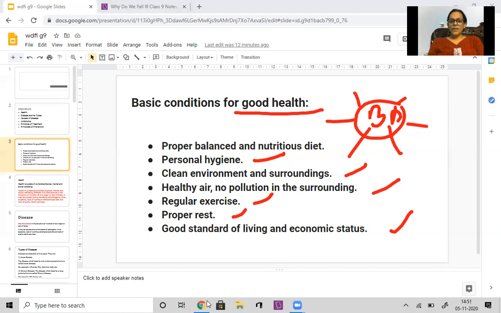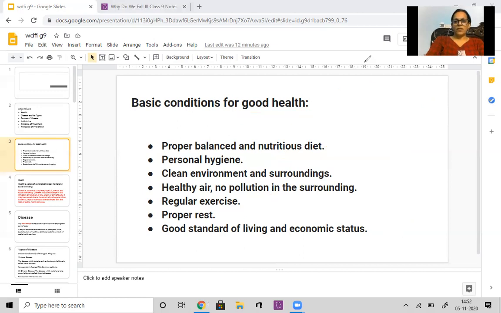In this you can see that a balanced diet plays a very important role, right? Because it contains all the nutrients. What are the major nutrients? Everybody knows the major nutrients required by the body for proper functioning.